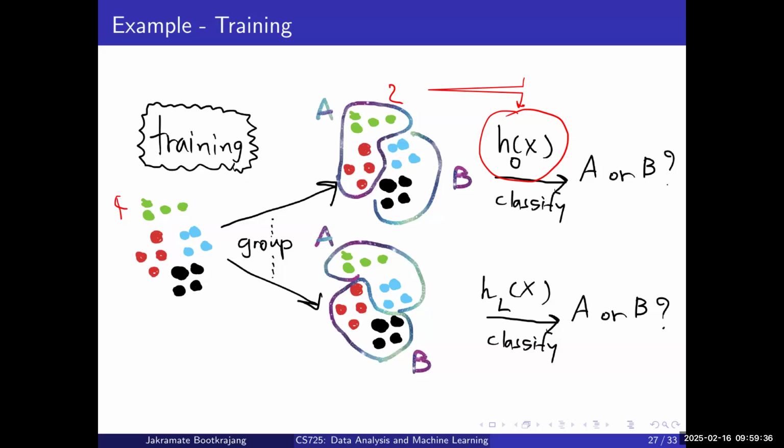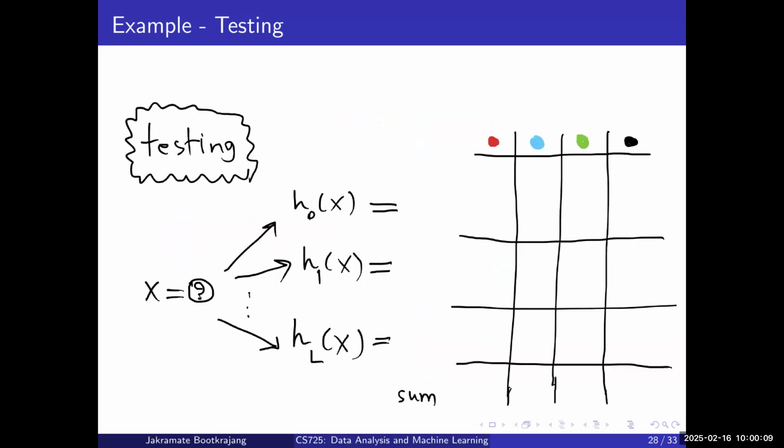And then we can do a different grouping, right? Perhaps we group green and blue together to make a group A. And then red and black together to make a group B. And then you create another classifier based on this grouping. So each grouping of the training data, you get a different classifier. And once you have each classifier, we want to do a prediction, right?